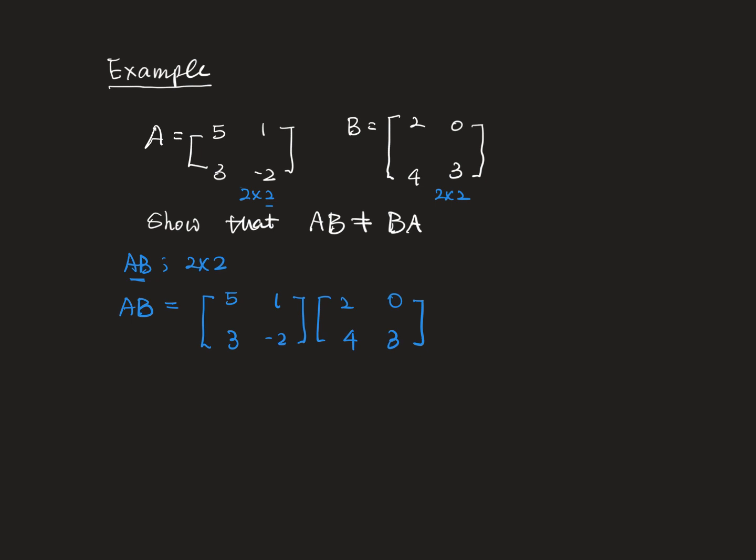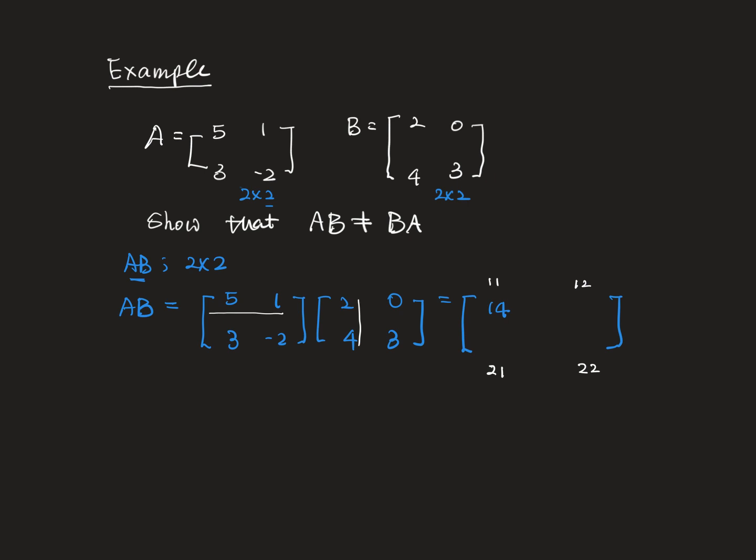So guys, I'm going to write down for you. The row column rule: you do first row, first column, first row, second column, second row, first column, second row, second column. First row, first column uses this one and this, okay? So 10 plus 4 is 14. Guys, make sense? Okay.